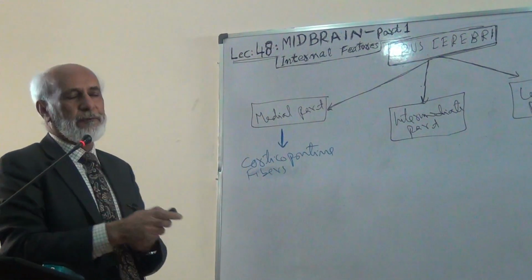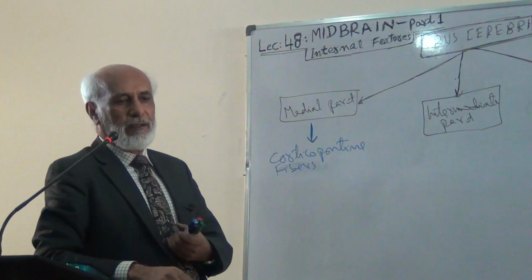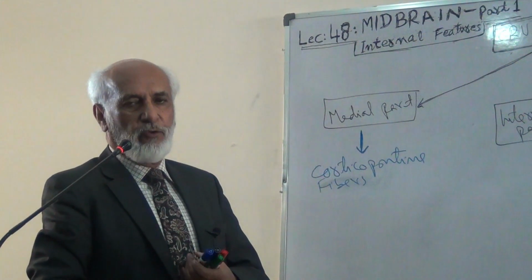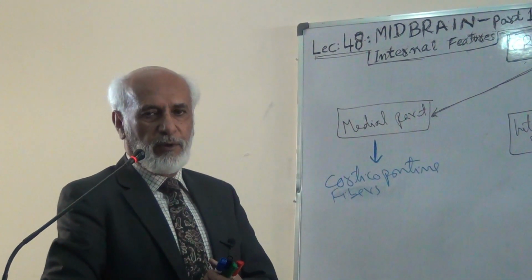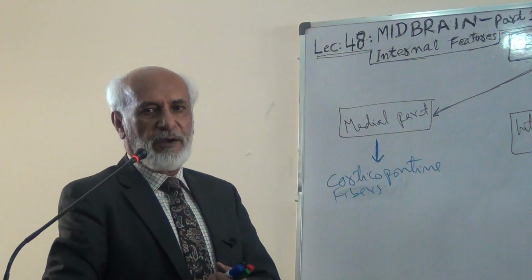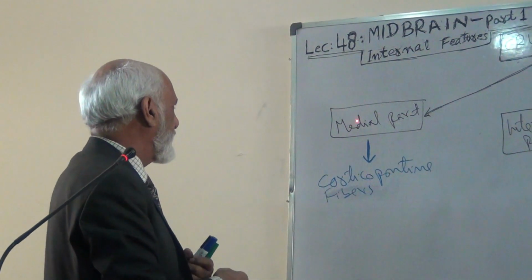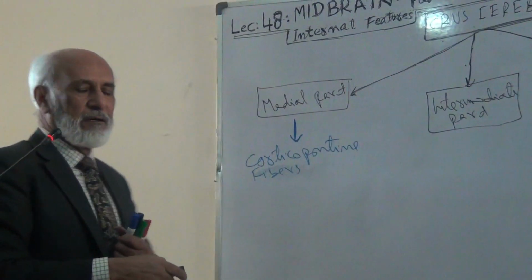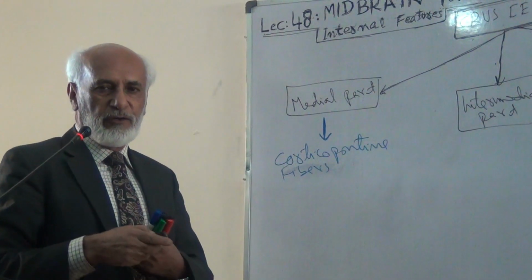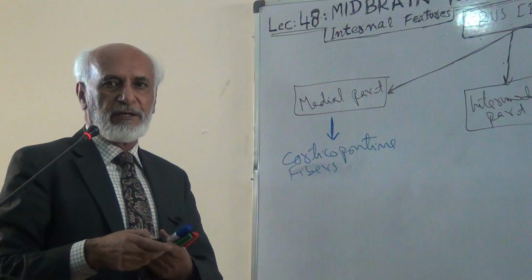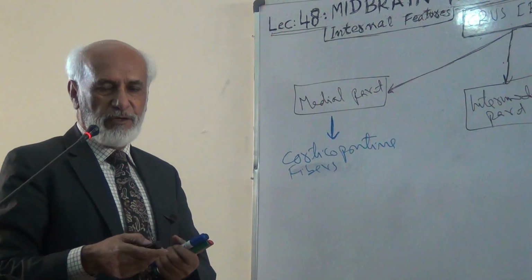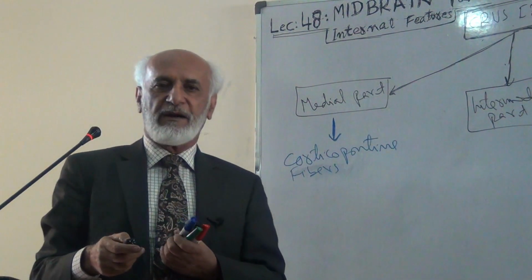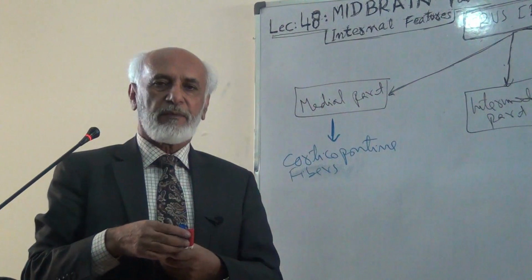We divided the cerebral hemisphere into frontal lobe, parietal lobe, occipital lobe, temporal lobe. So each lobe has cerebral cortex. Now, these fibers which descend through the medial part of the crus cerebri arise from the cortex, descend through the crus cerebri of the midbrain, and enter the pons where they terminate on pontine nuclei. But the question arises, these corticopontine fibers arise from the cerebral cortex of which lobe? They arise from the frontal lobe.